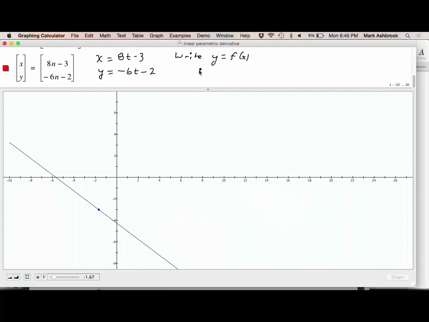So first we get what t equals. What does t equal? You should have gotten (x plus 3) all over 8. And so then you can write y as... Okay, and if we simplify that into y equals mx plus b, we're going to have negative 6/8 x, that's negative 3/4 x.